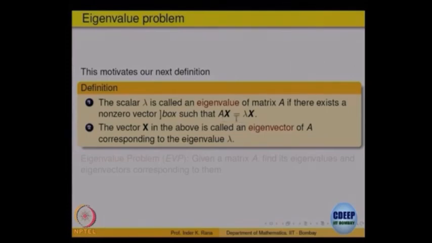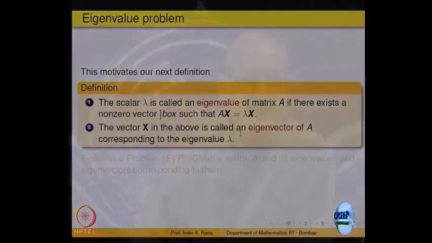So, if there is a non-zero vector which is scaled by the matrix A, then that scalar is called an eigenvalue, and this vector is called an eigenvector for that eigenvalue. Just now I said, for a given eigenvalue, in the previous example, there are many eigenvectors possible for it.